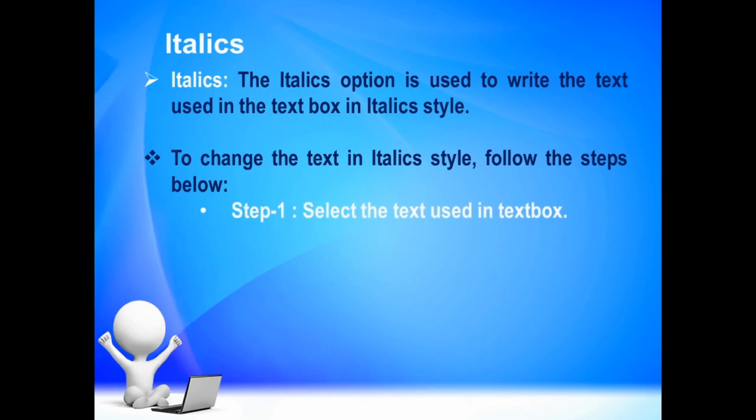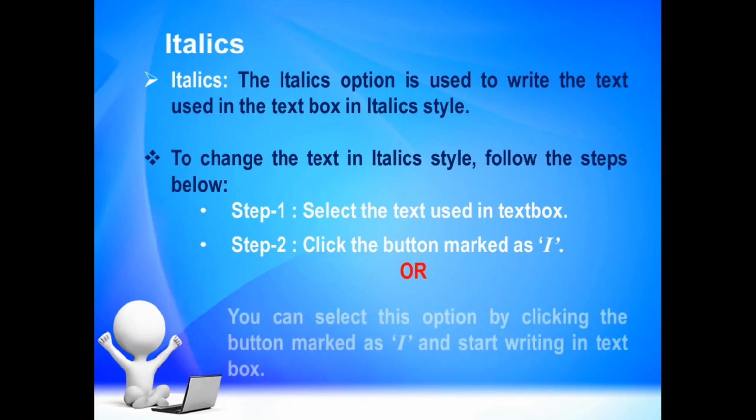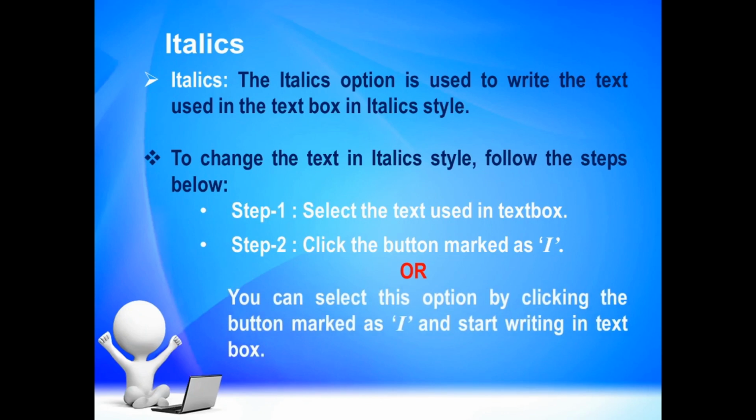Select the text used in text box. Then click the button marked as I, capital I. You can see just besides the capital B. Or you can select this option by clicking the button marked as capital I and start writing in the text box.